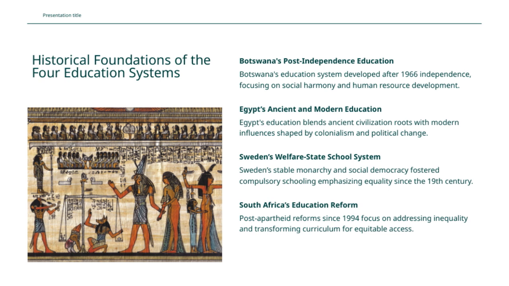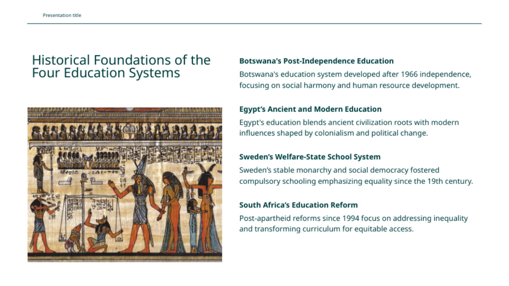Now, looking at Sweden, their welfare state model has played a significant role since the 19th century. The stable monarchy and social democracy fostered a system of compulsory schooling that emphasizes equality and inclusivity, ensuring that education is accessible to all. Finally, in South Africa, post-apartheid reforms initiated after 1994 have been crucial in addressing the deep-seated inequalities of the past.